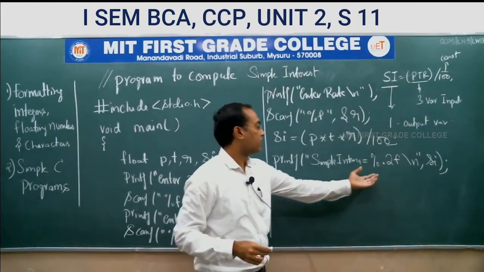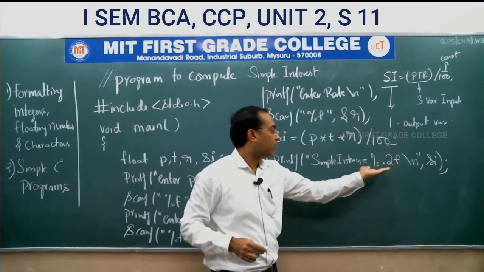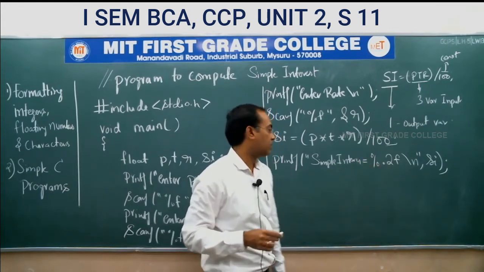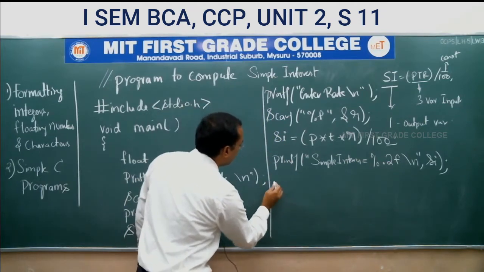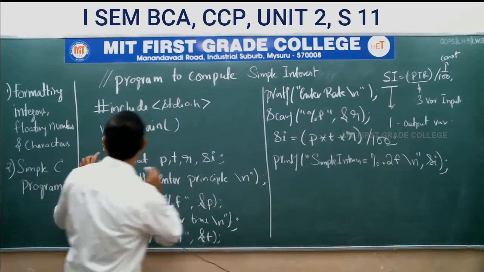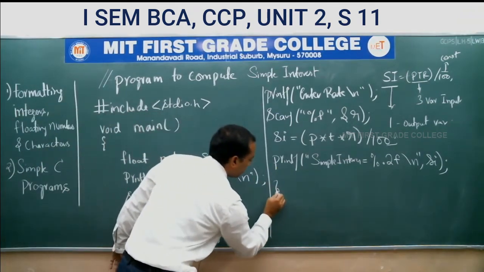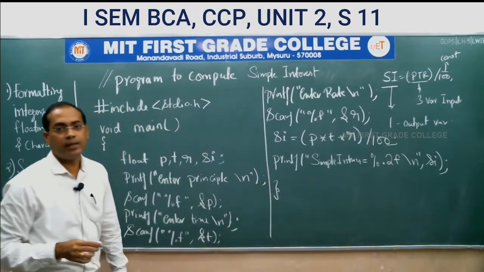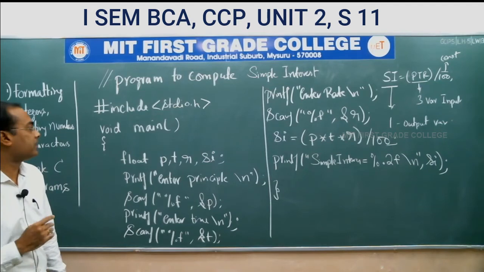So we are using formatting instructions which we learnt just now. That means we want 2-digit precision. So we have completed displaying the output. Now we need to close the curly bracket of the main function. So this completes the program for calculating simple interest.